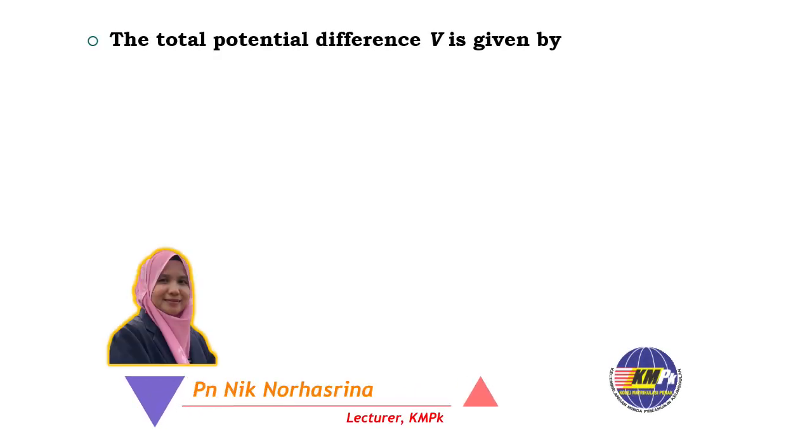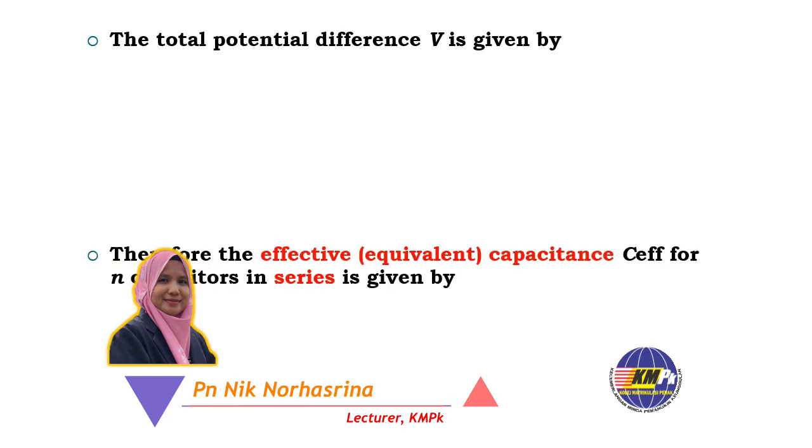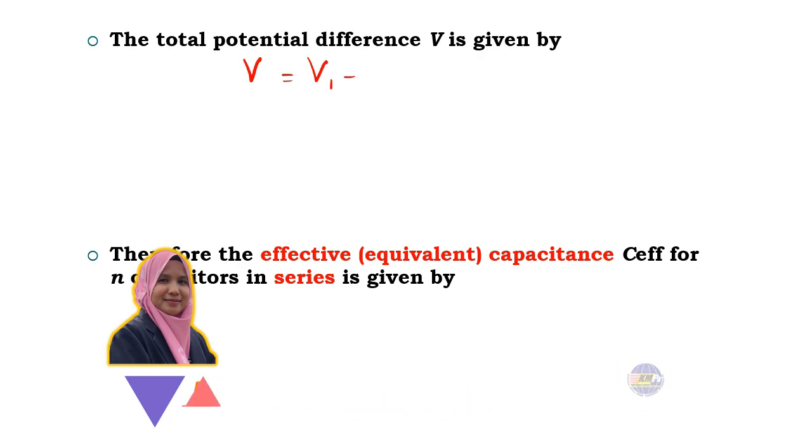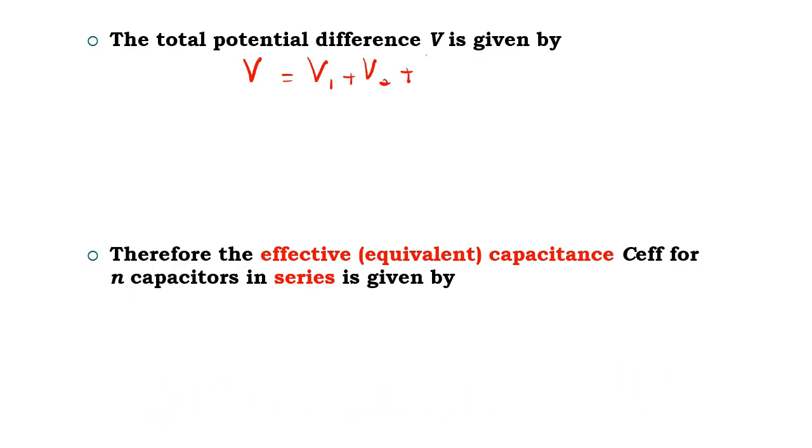The total potential difference V is given by V equal to V1 plus V2 plus V3. This is for capacitors in series. So V equals, substituting V equal to Q over C, Q over C1 plus Q over C2 plus Q over C3.